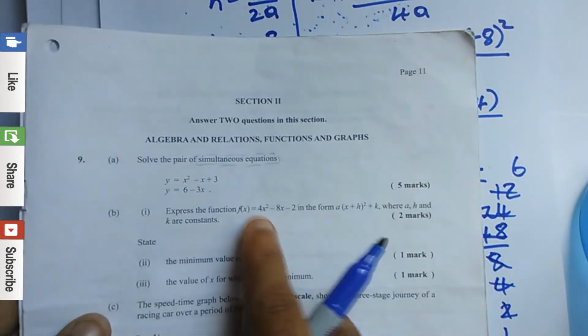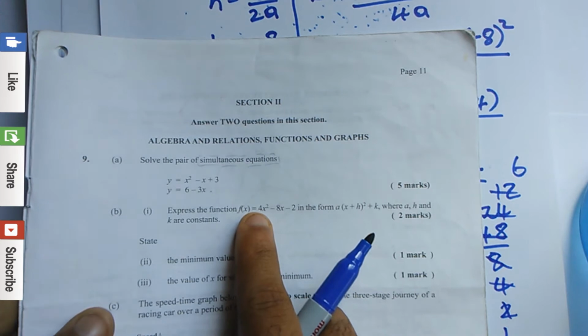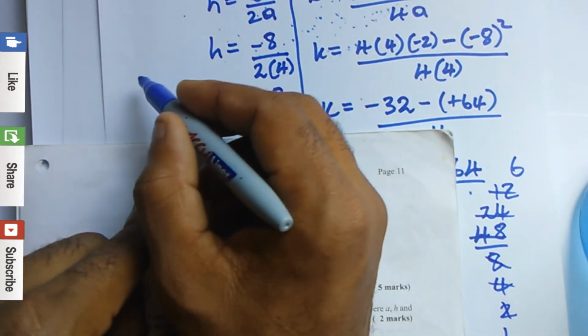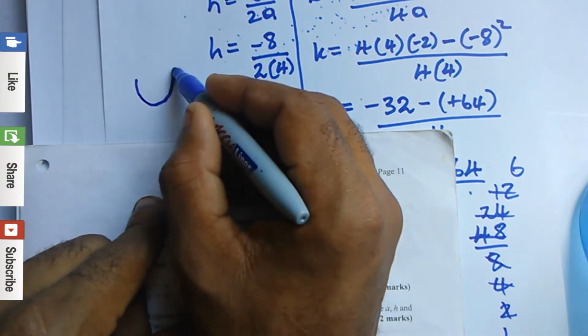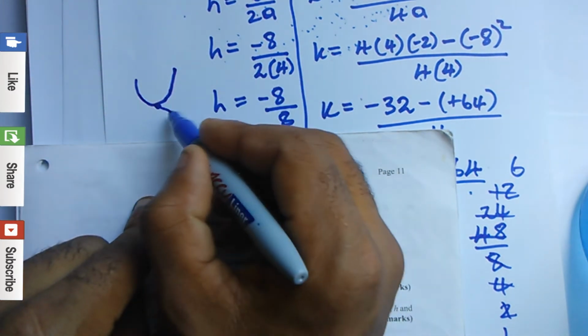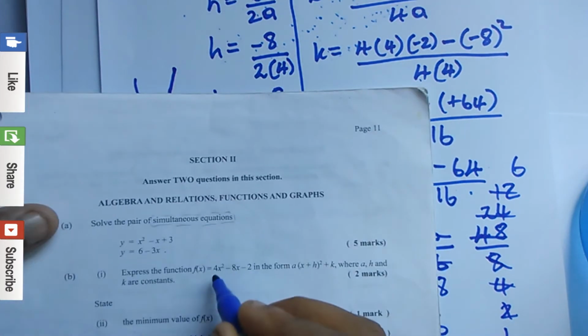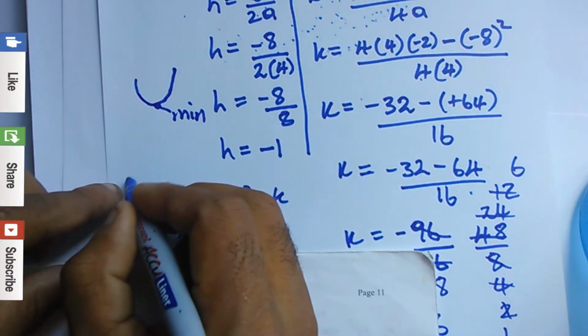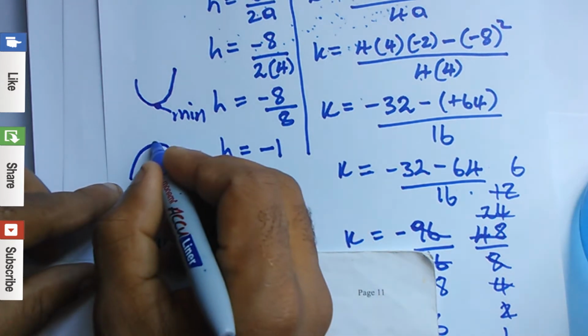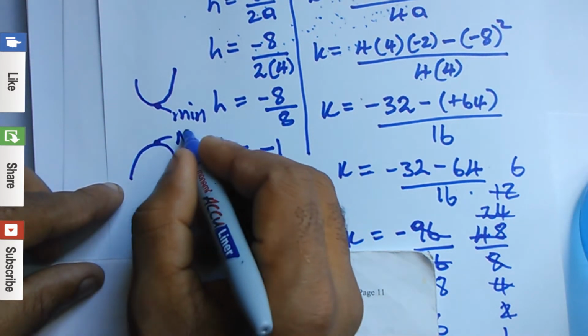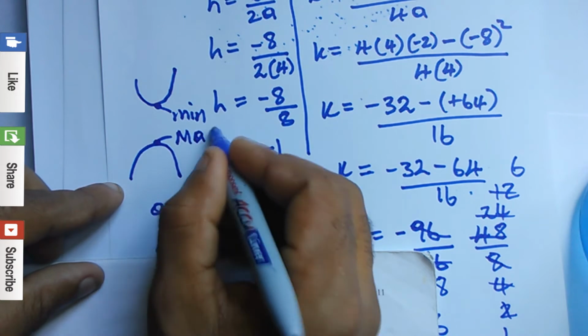If the coefficient of x squared is positive, when we sketch the graph it's going to look like a smiley face. That means it would have a minimum value right here, the lowest point on the graph. But if the coefficient is negative, the graph would look like an n, and it would have a max value, which is the highest point on the graph.